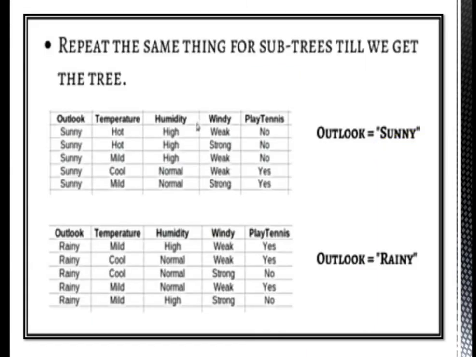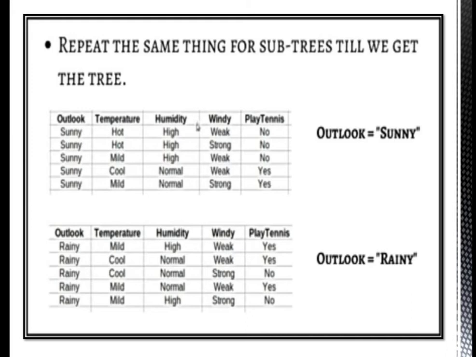Repeat the same thing for the tree. When the outlook is equal to sunny, we have temperature, humidity and windy. Among these 3 attributes we have to find the best attribute, that is the attribute which has the highest information gain, by following the same procedure.